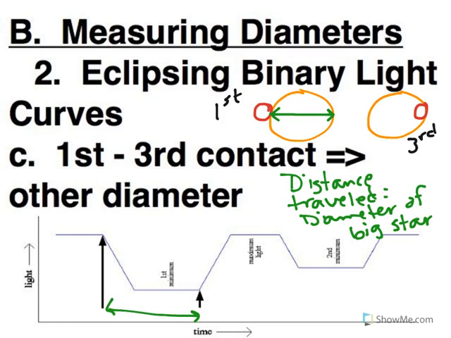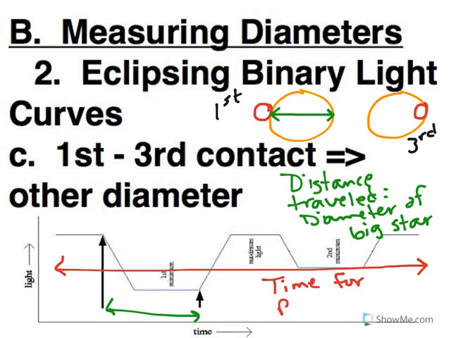We can also use this diagram to get the period of the orbit, because like we saw with the velocity curve, the time for the pattern to repeat is going to be the period of orbit.